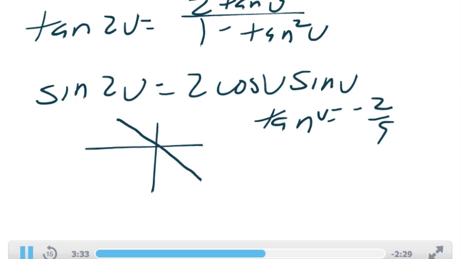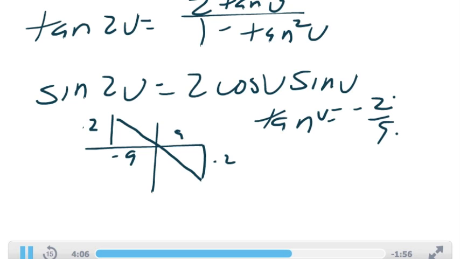So I know that my angle is either going to be over here or like that. And this says this is sine over cosine, so I have a negative 2 and a 9, or, well, let's fix that. So I have a 9, a negative 9 or a 2, or a 9 and a negative 2.